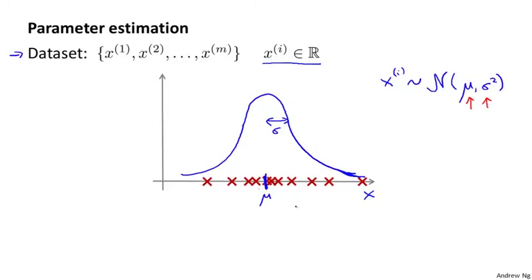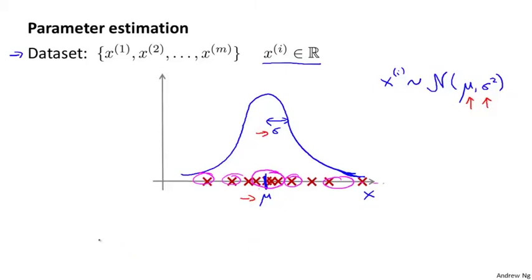It seems like a reasonable fit to the data because it looks like the data has a very high probability of being in the central region, low probability of being further out, even lower probability of being further out, and so on. So maybe this is a reasonable estimate of mu and of sigma squared, that is, if it corresponds to a Gaussian distribution that looks like this.